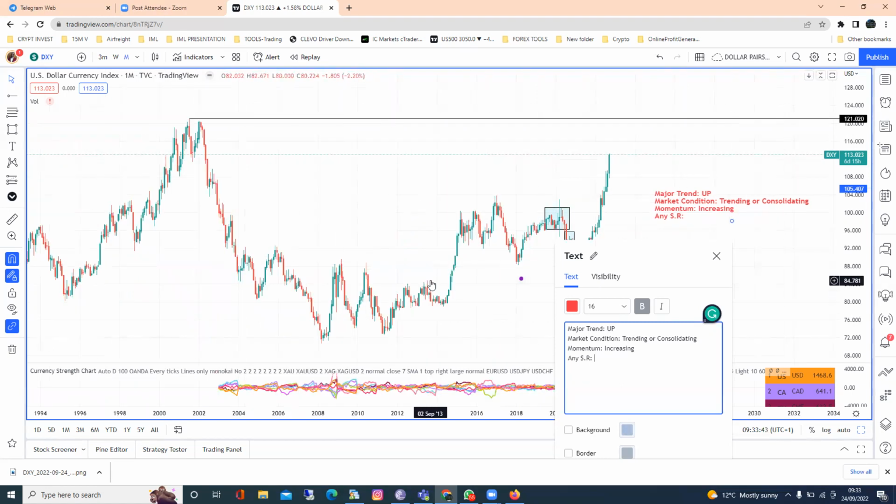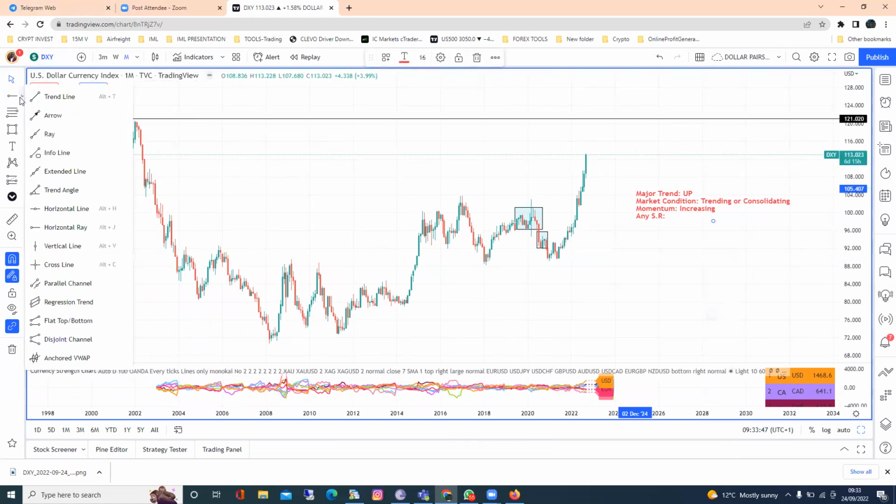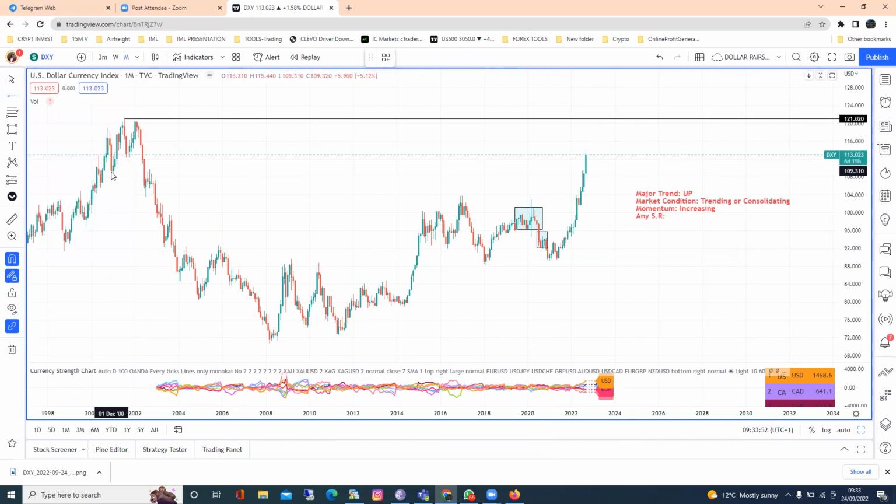In this case, there are ways to understand areas of support, which is not something that I will delve so much into. But when you look at here, when price goes up at this particular point in time, it comes to this level and stops.